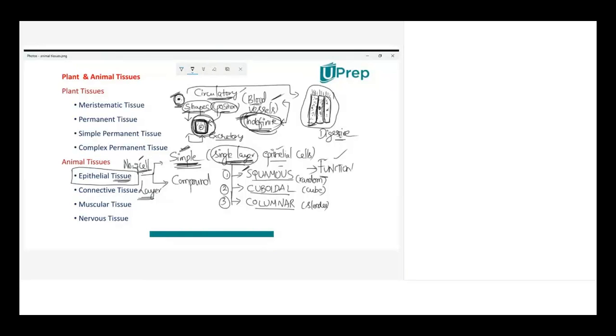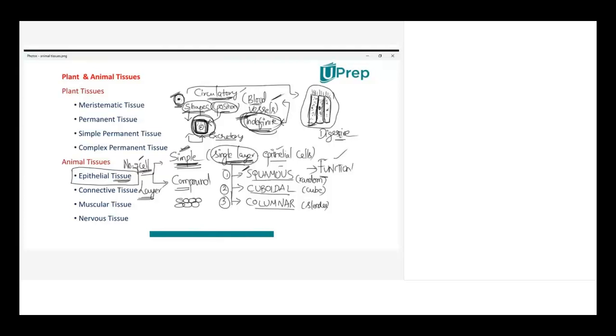So when you take epithelial tissue, it is divided into simple and compound based on the number of layers of epithelial cells. Suppose you have various layers of epithelial cells like this. Here I'm just showing 3 layers of epithelial cells.